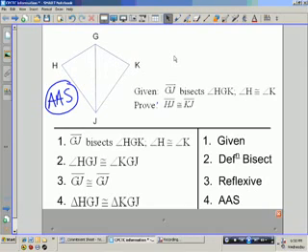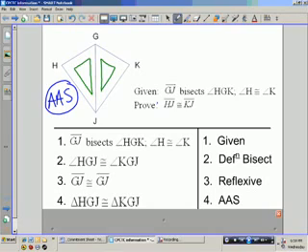And we have now shown in step number 4 that one triangle is congruent to the other triangle. We know the two sides are now congruent. By the definition of congruent polygons, all the way back to the beginning of this unit, the definition of congruent polygons says two polygons are congruent if and only if all corresponding parts are congruent.